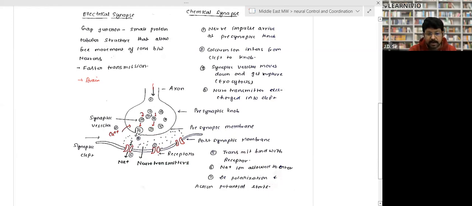When neurotransmitter binds the receptor, sodium ion is allowed to enter. Next, depolarization starts, meaning action potential starts in the next membrane. That's how the chemical synapse works and chemical transmission takes place. Clear?